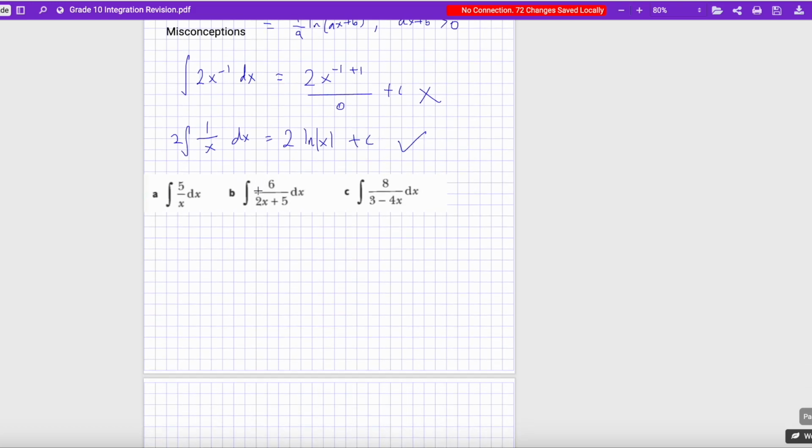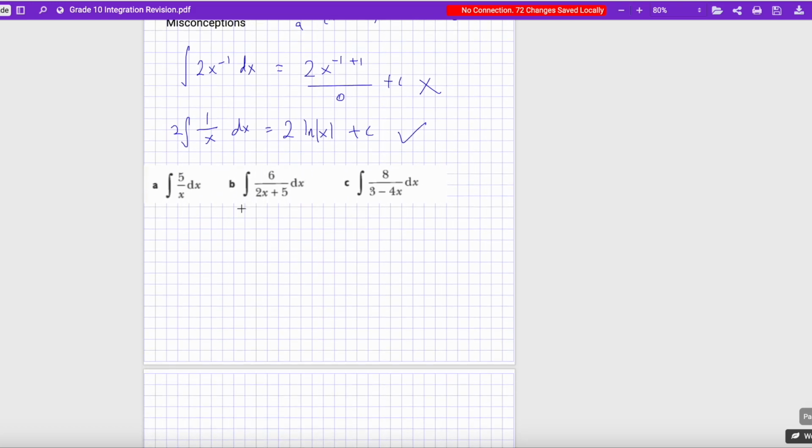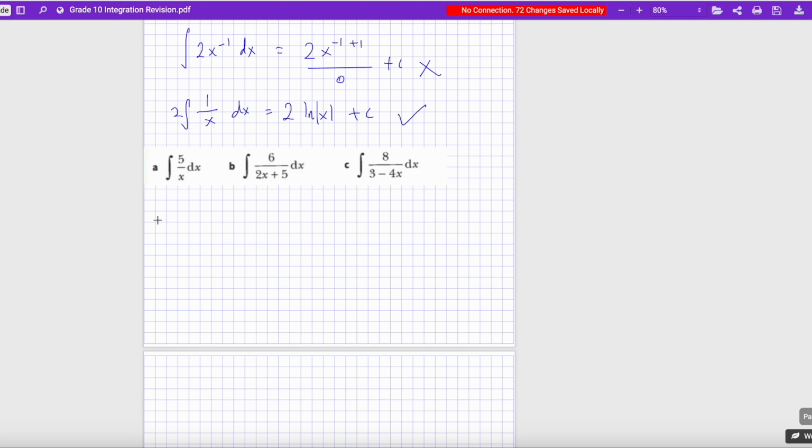Okay, so examples A, B, C. We'll try A together, and B and C you can try yourself after you pause the video. Let's integrate 5 over x dx. I'll factor out the 5. This will be 5 times the integral of 1 over x dx, so what I'll have is 5 ln mod x plus c.